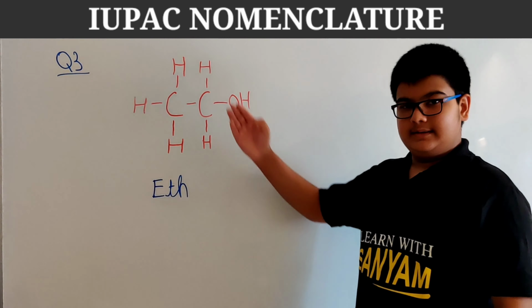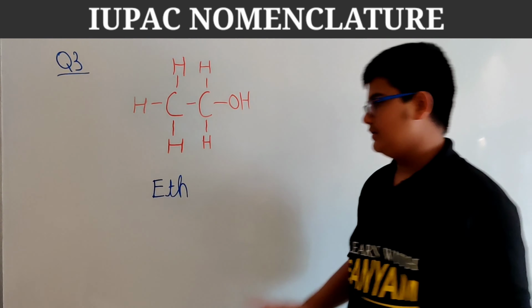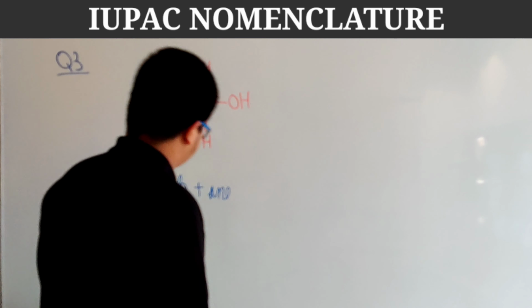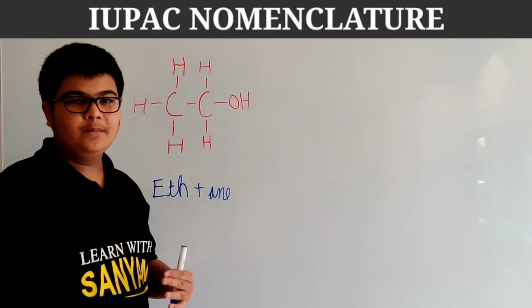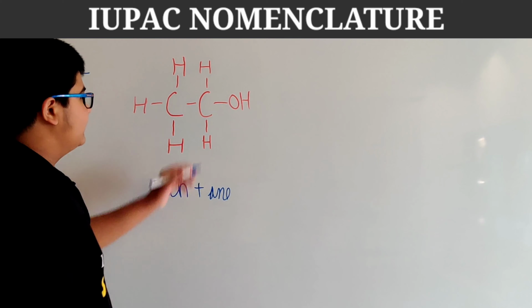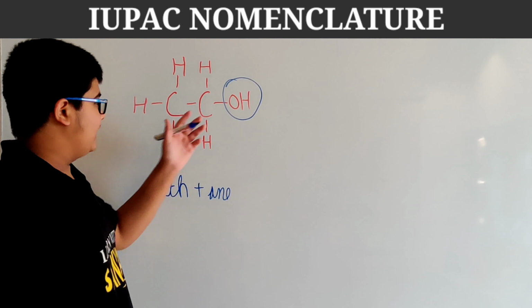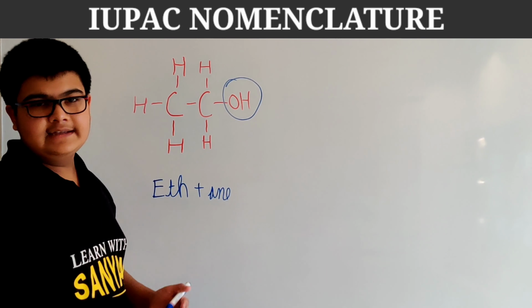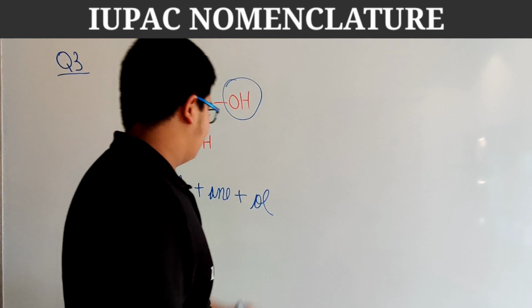Step 2, bonds. The bond is a single bond, so that's why ane. Eth, ane. And now step 3, functional group. Here you can see that the OH functional group is present. This means that this is an alcohol functional group, and for the alcohol functional group the suffix is OL, ol.